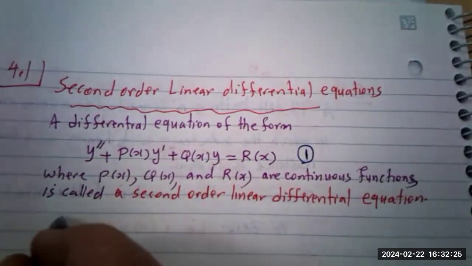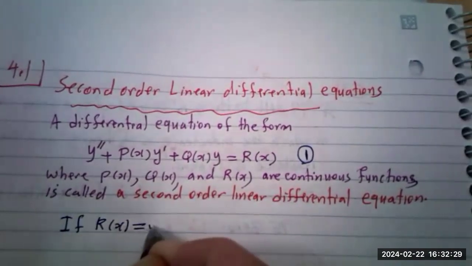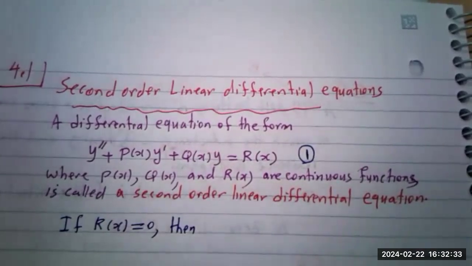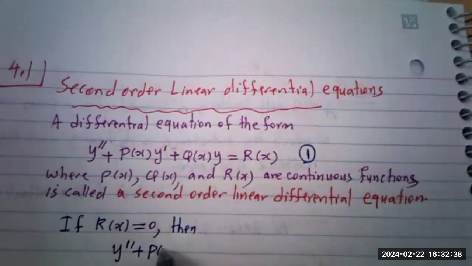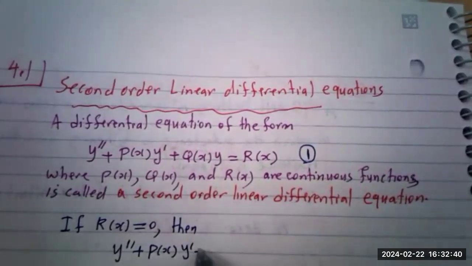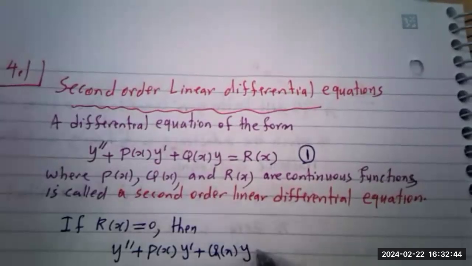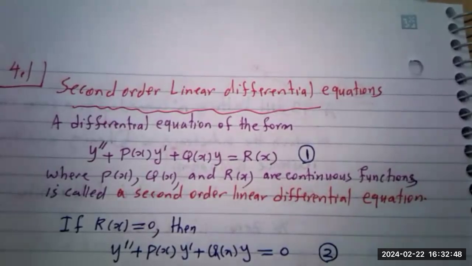So if R of x is equal to 0, then we're going to have a second one: y double prime plus p of x times y prime plus q of x times y equal to 0.